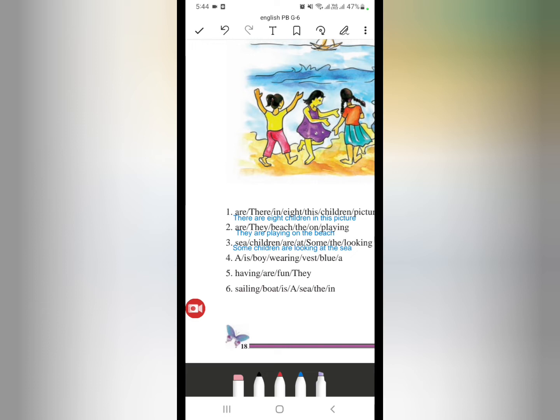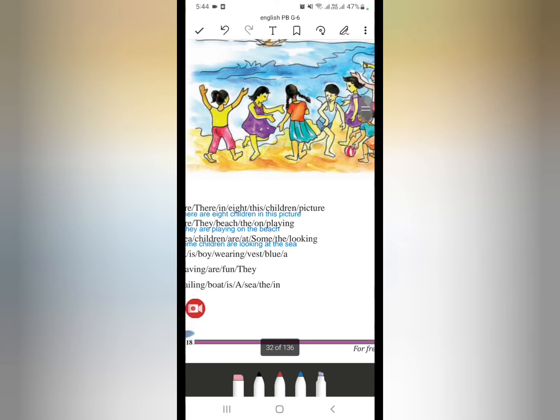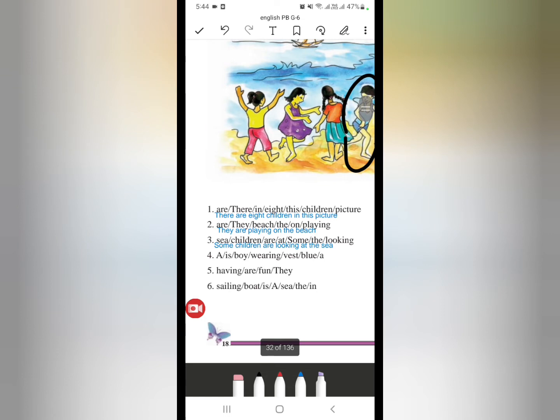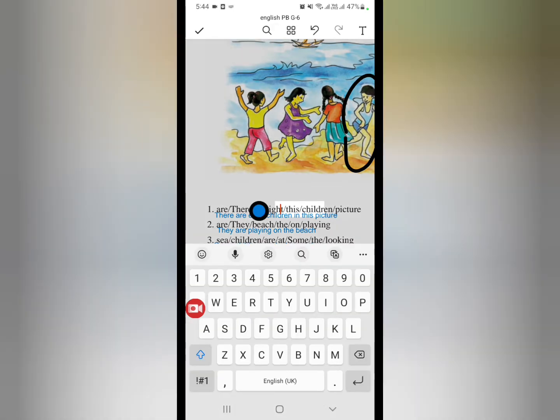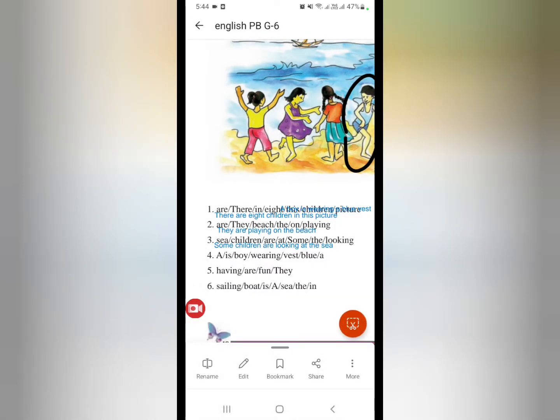A boy is wearing a blue vest. A boy is wearing a blue vest.